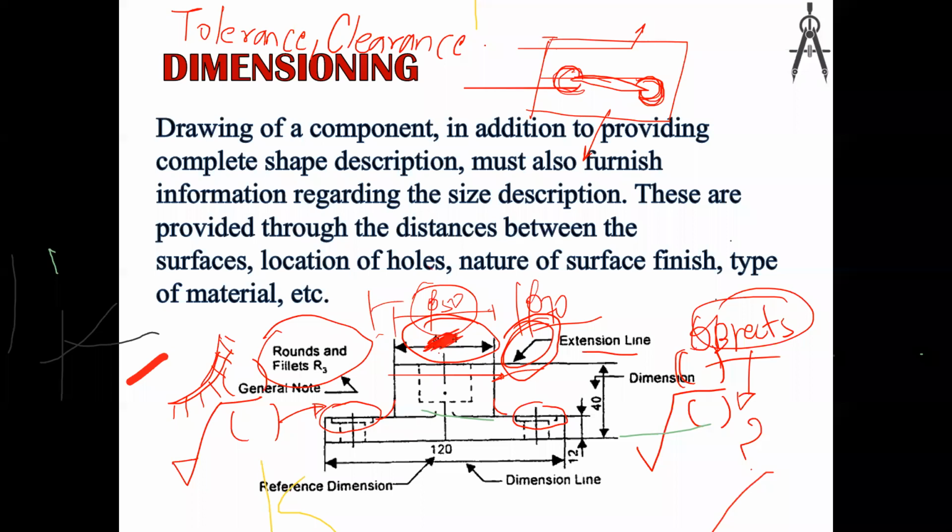That means properly indicate everything, because sometimes you might miss some dimensions. Let's assume you are the fabricator. You received a drawing and some of the dimensions are missing. Then what will you do?